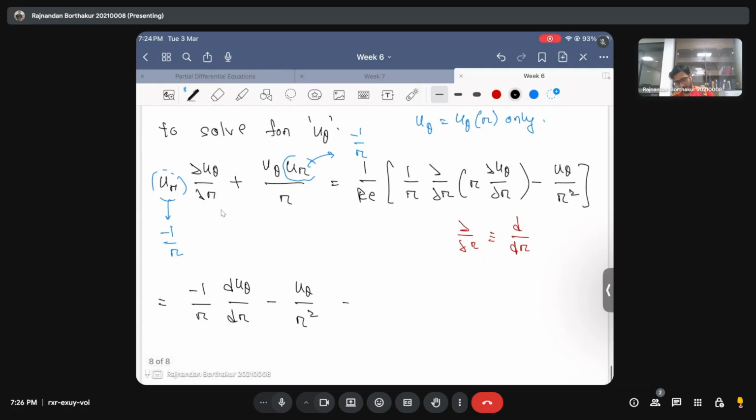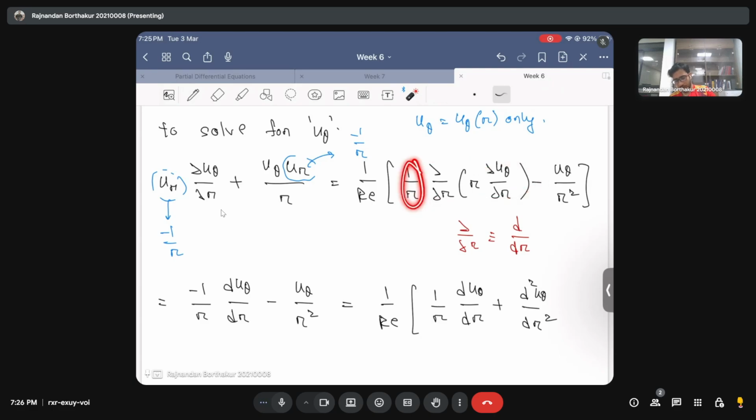And then if I simplify this, what I'll do is I'll first simplify this term and then put the Reynolds number there. So this term upon simplification will give you what? So it is 1 by Re del r of r times this. So it is going to be equal to 1 by r du theta by dr plus d2 u theta by dr2. So what I'm doing is I'm just applying the product rule, taking into account this factor 1 by r, okay?